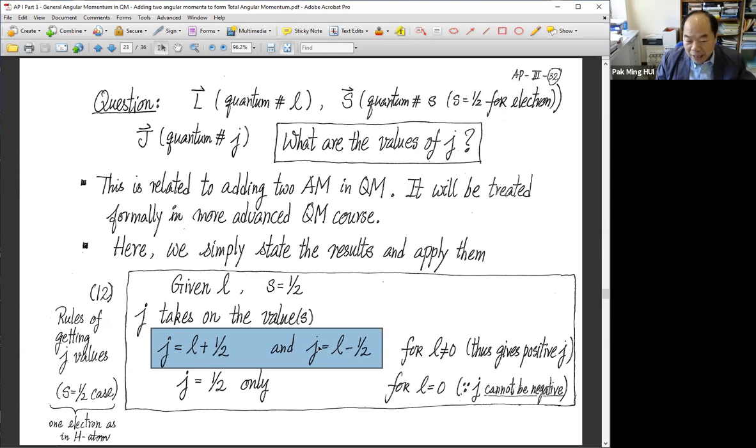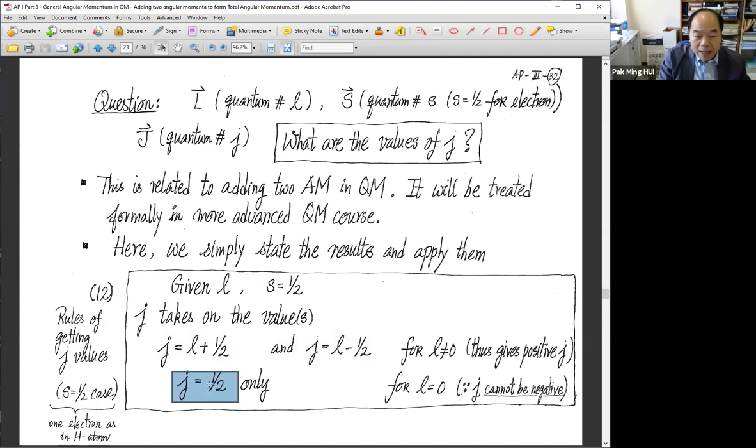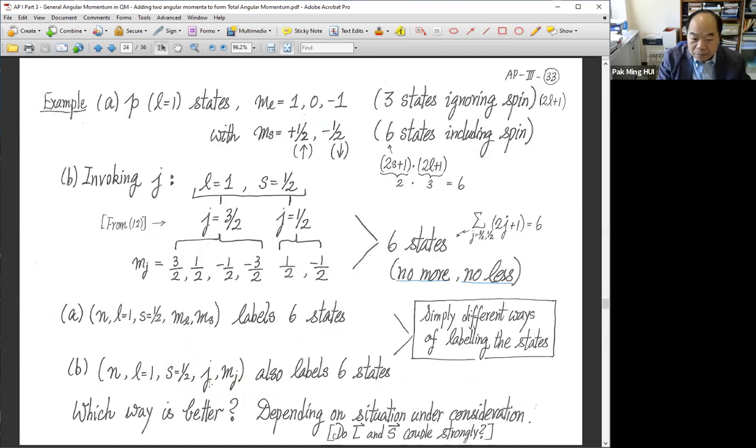There's only one case that we should be careful with: the S state, L equals 0. This will be found out because that would give J equals negative half. That is not possible for an angular momentum's magnitude. Therefore, if it is an S state, only take the first rule, okay? And we demonstrated that this is nothing more than relabeling the states, for the example of P states.